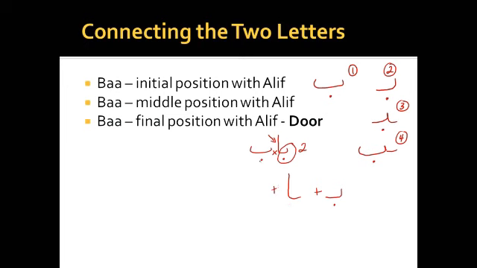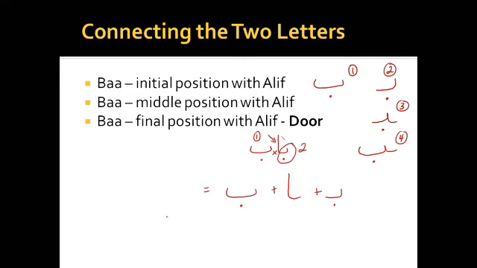And we have the ba in the final position, or actually in this instance it's going to be the independent position because it's not connecting to anything before it. However, it's still in the same word. So we're going to put this like this because it can't connect to the alif, because the alif doesn't connect to what comes after it.